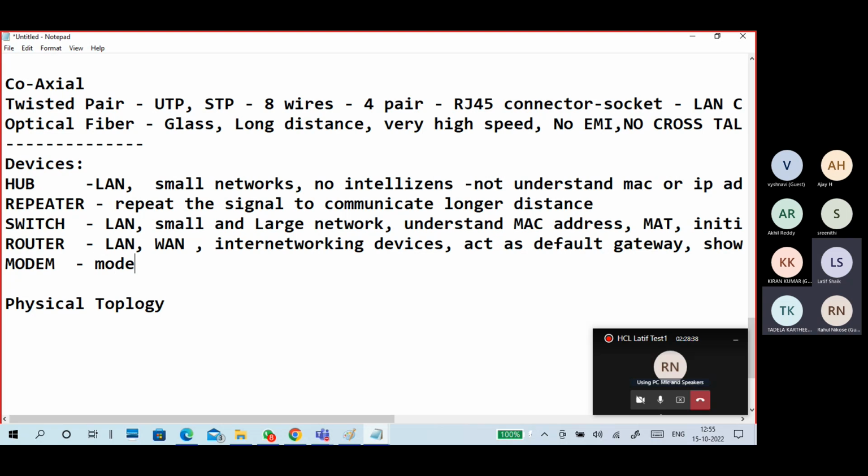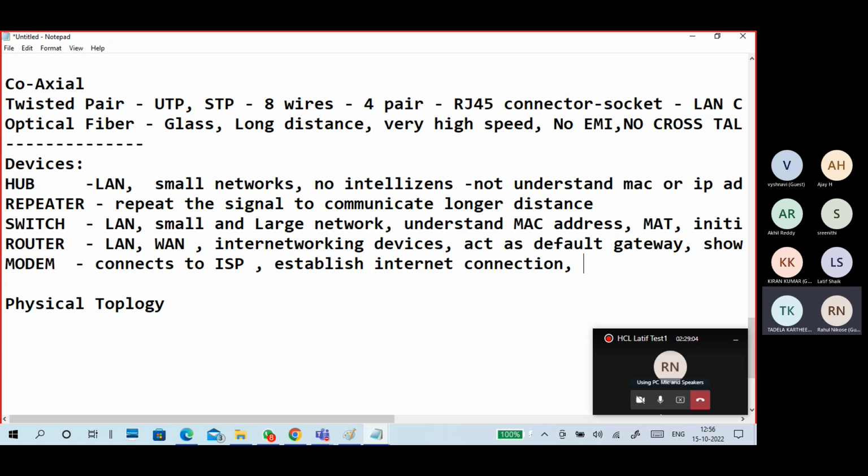Modem is modulation and demodulation. It connects to the ISP to establish an internet connection. We are getting internet through modem only.